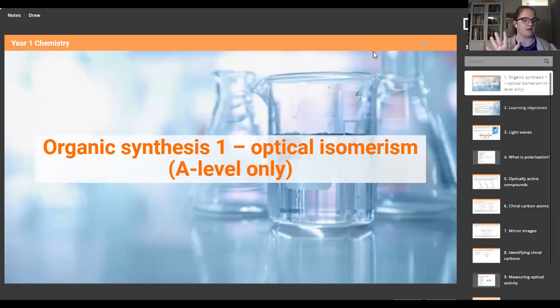They're a mirror image of each other, but we can't put them over each other. That's what an optical isomer is, and an optical isomer will always have a chiral center. A chiral center is when we have 4 different groups bonded to one carbon atom. We'll look at that in a bit more detail in a second.